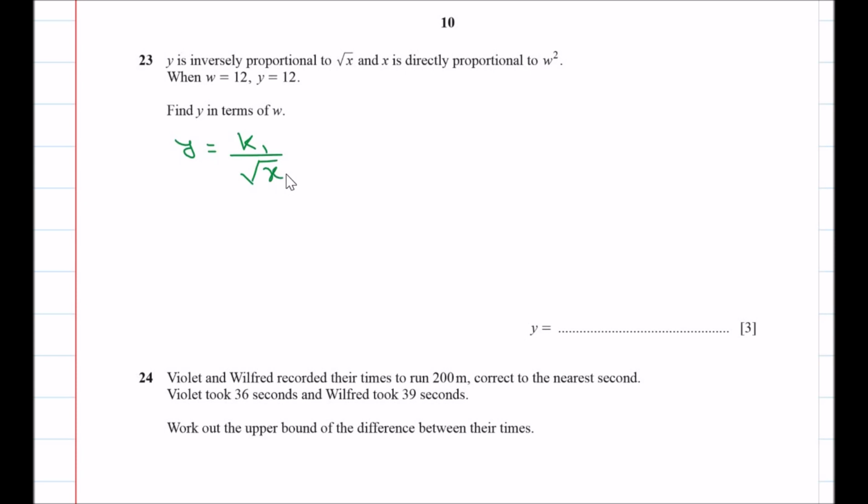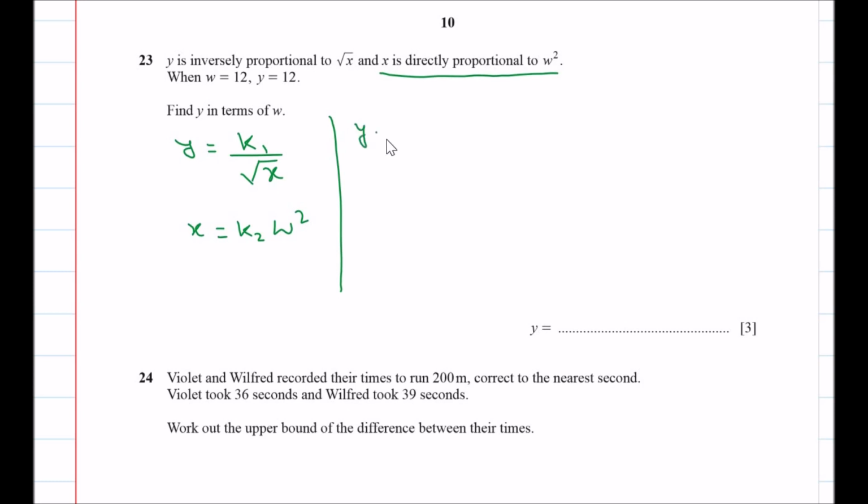Okay. Now, second part, x is directly proportional to w square. So x equal to k2 into w square. Okay. Now, what can we do? Let us put the value of x.